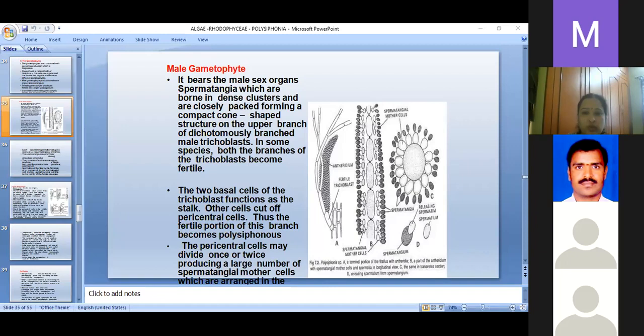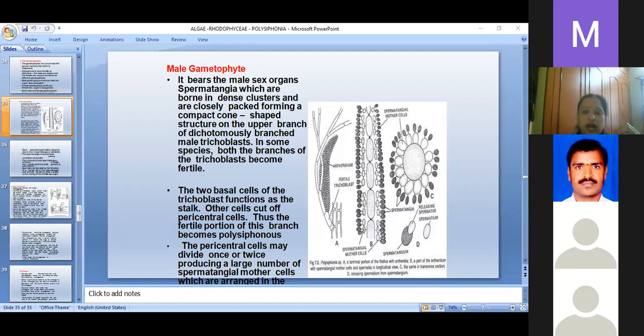The spermatium nucleus enters the swollen portion and fuses with the egg of the female gametophyte to form the zygote. The formation of the zygote represents the end point of the haploid gametophytic generation.